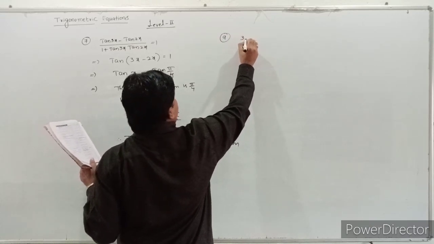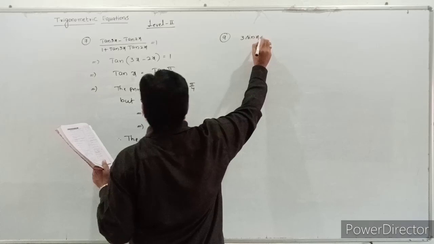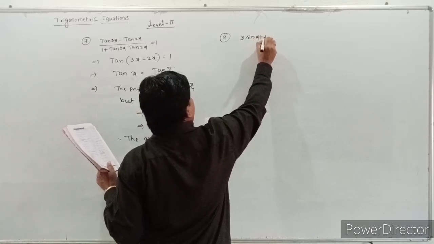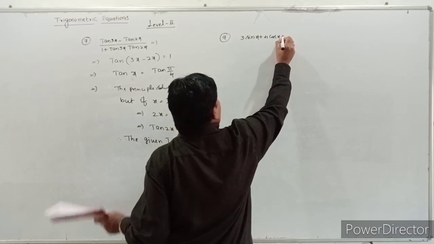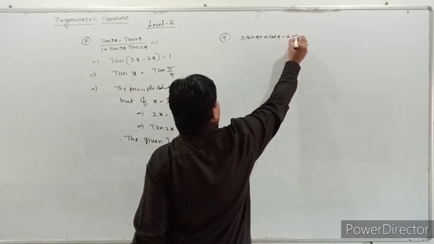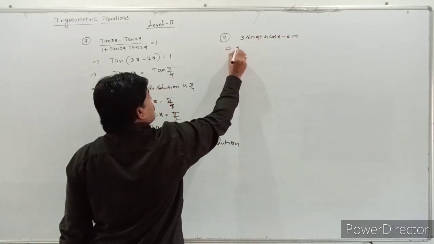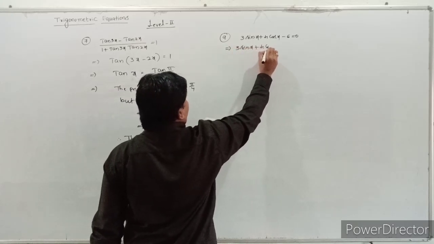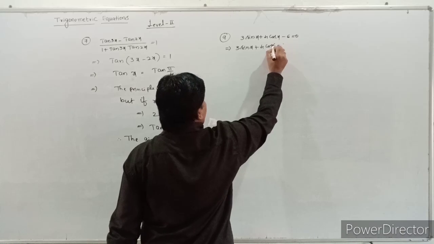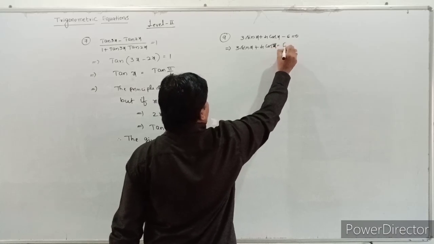3 sin x plus 4 cos x minus 6 is equal to 0. So that means 3 sin x plus 4 cos x is equal to 6.